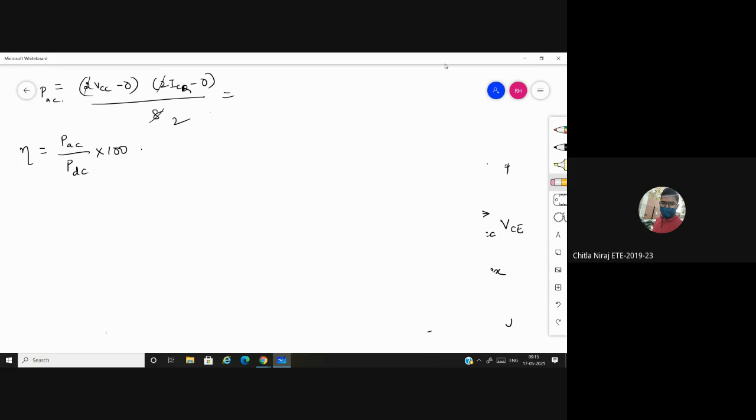So we have VCC into ICQ divided by 2, over VCC into ICQ, into 100. This gets cancelled and it is 50%. So the efficiency is 50%.